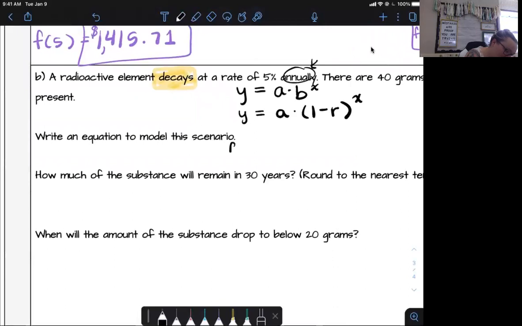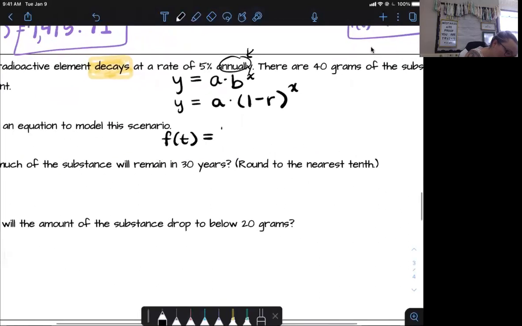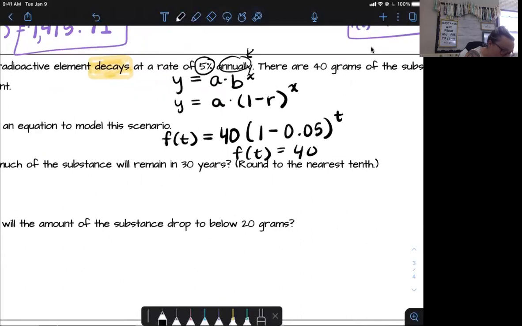The function of that time would be equal to the initial amount of 40 times 1 minus 5%, which is 0.05, to the t. And so if I go ahead and subtract that, I'm going to have f of t is equal to 40 times 0.95 to the t, right?